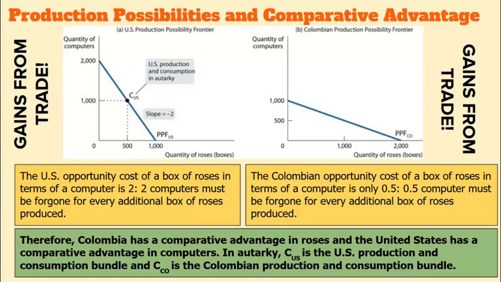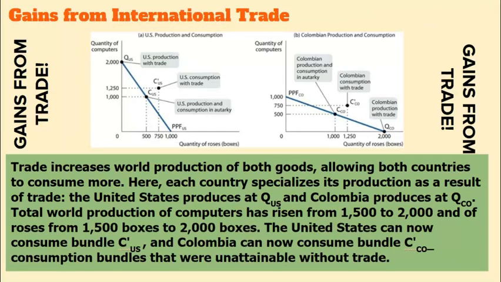For Colombia, it's roses. And then it's important to note where they would consume in terms of their trade with this other country. Because remember, you can't produce beyond your production possibilities, but you can consume beyond it.